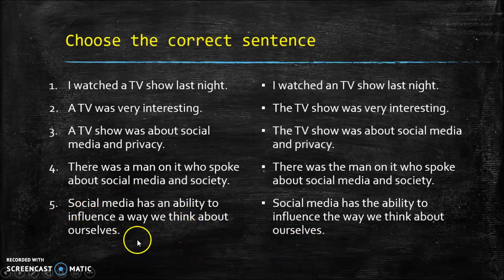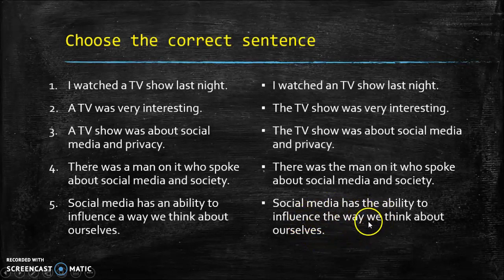So in this one, an ability is actually not so wrong. We could actually use that, especially if we were going to talk about other abilities of social media and give them a list, and this is just one of them. However, this our way we think is definitely wrong. It has to be the way we think. So that was the tricky one in that question.